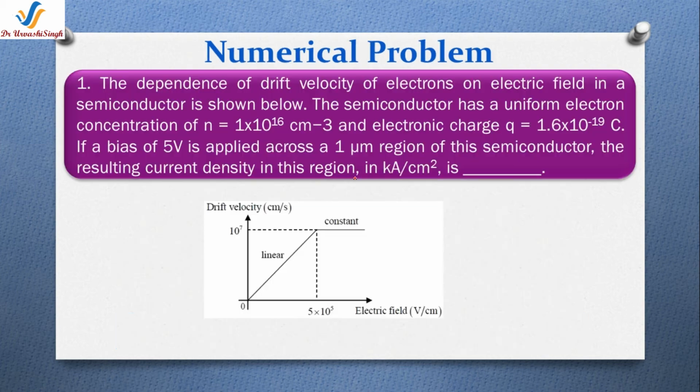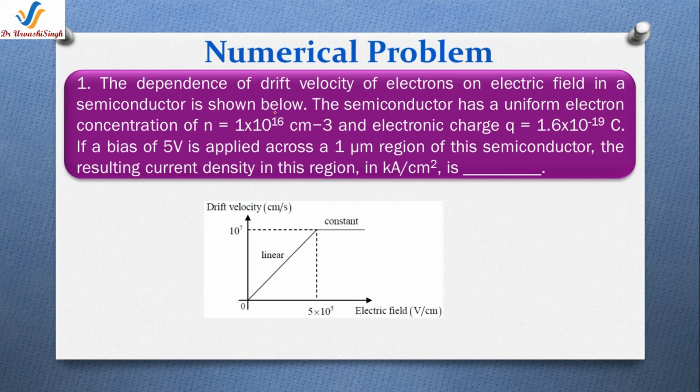The first one is: the dependence of the drift velocity of electrons on electric field in a semiconductor is shown below. The semiconductor has a uniform electron concentration and electronic charge. If a bias of 5 volt is applied across a 1 micrometer region of this semiconductor, the resulting current density in this region will be, you need to find out the current density.